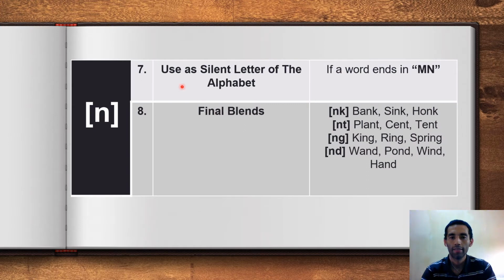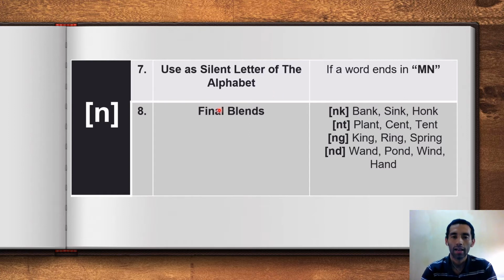Then we have the silent letter. N is a silent letter if a word ends in M and N. Later I have another chart with some words that end in M and N, and the letter N is silent.